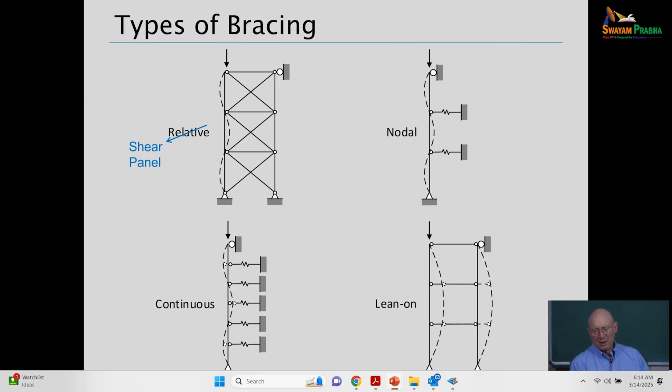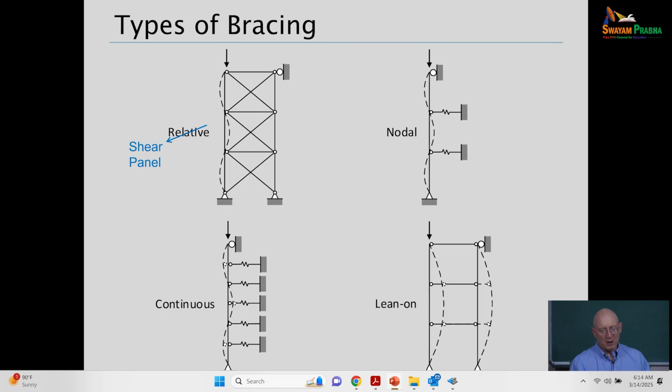Essentially, you're bracing different points along that column that you see is buckling into the three waves there with an inflection point at each story. You're providing bracing of those points by the shear stiffness, or stiffness in shear, of the truss panels.